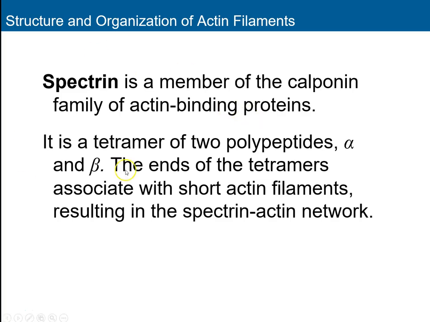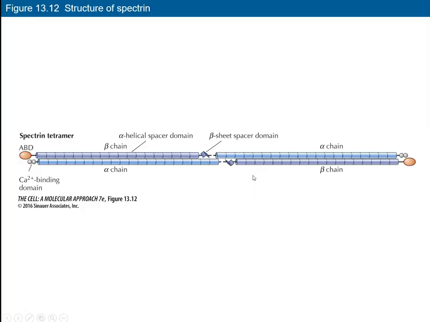Again, I'm not going to ask you about spectrin's structure, but it does sort of make sense or help with the function, right? That's why we always mention structure, because it always corresponds to the function of the molecule. Okay, so again, I'm not going to ask you about the exact structure of spectrin.